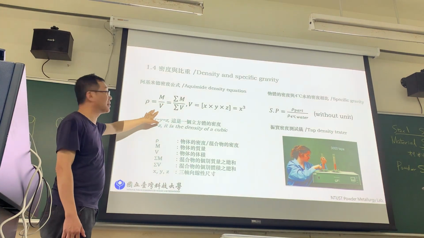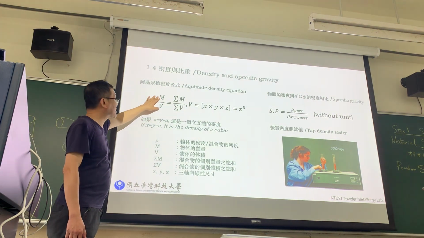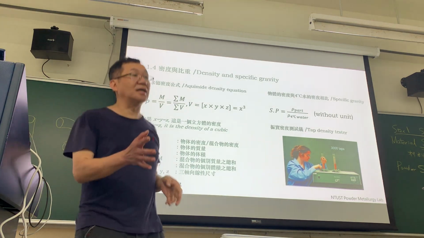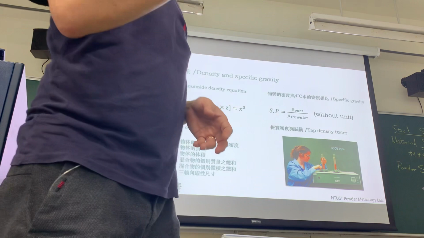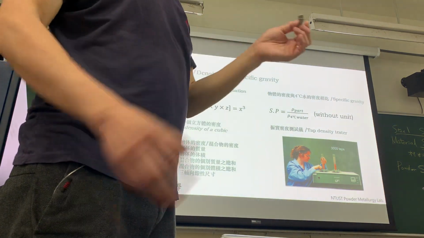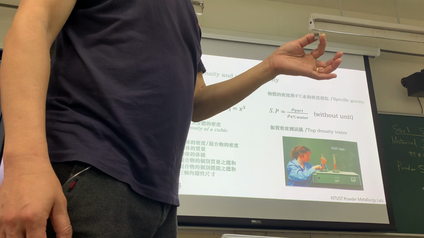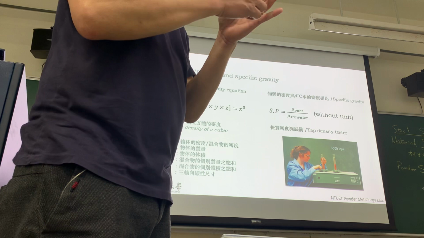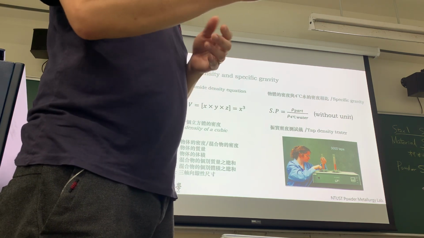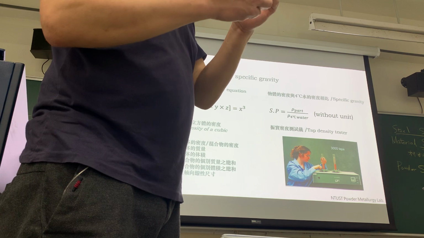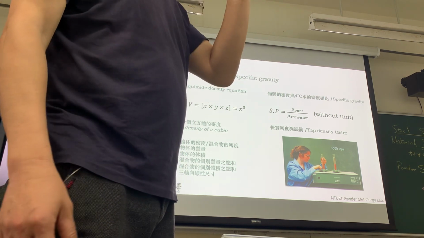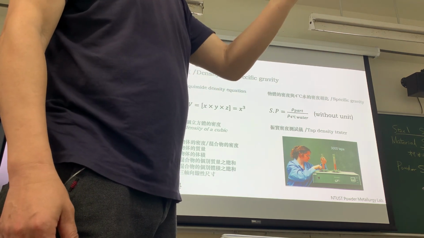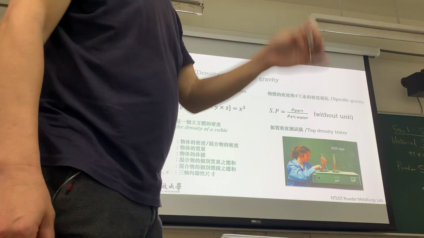Last week we talked about this: rho equals mass over volume. When you check if the parts are okay or not, first you check the weight quickly, because weight is easier. Dimension and calculation by meter is very difficult, so we use the Archimedes principle. We put it in the water, then we can know how much volume.